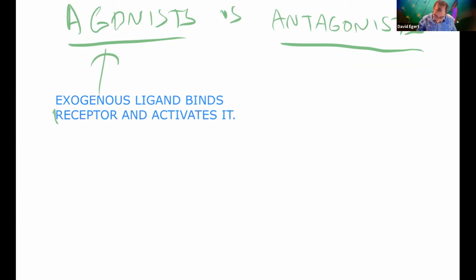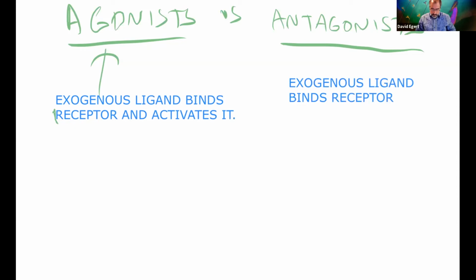An antagonist, on the other hand, binds the receptor but does not activate it, but does block it.